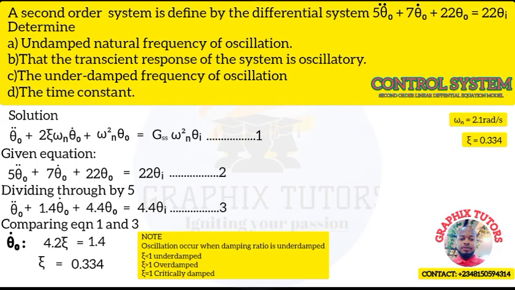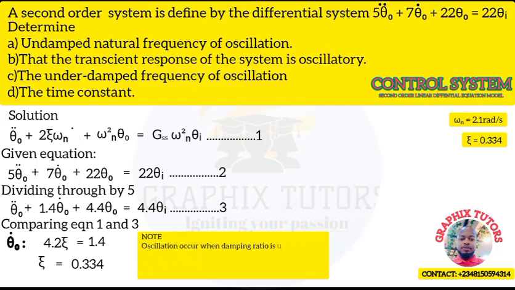If zeta is less than 1, we say it is underdamped. If zeta is greater than 1, overdamped. If zeta is equal to 1, critically damped. So that is our answer there.